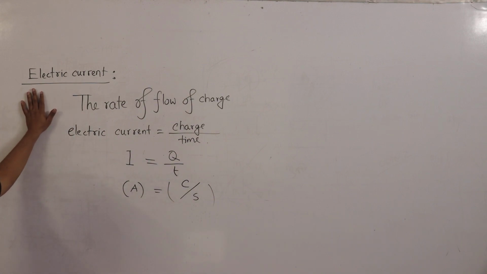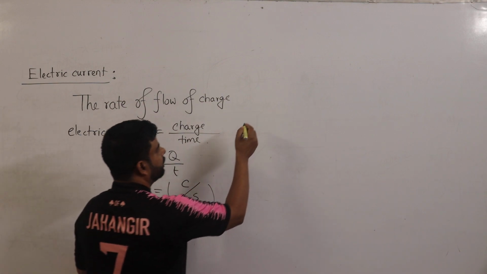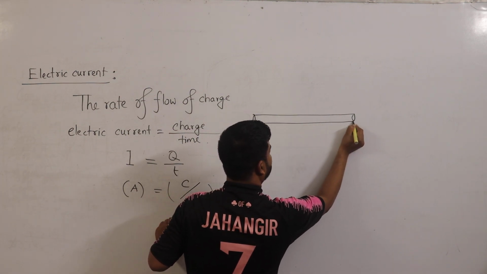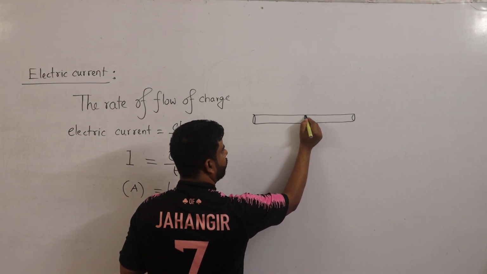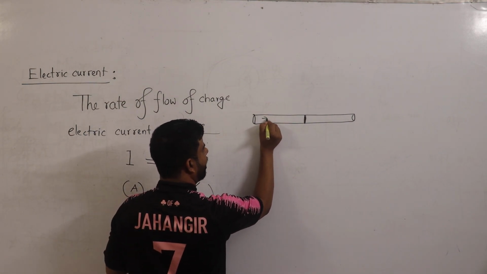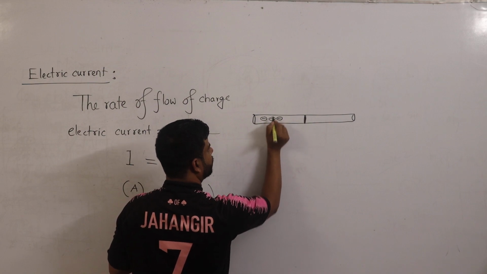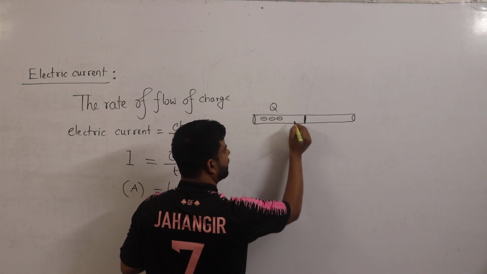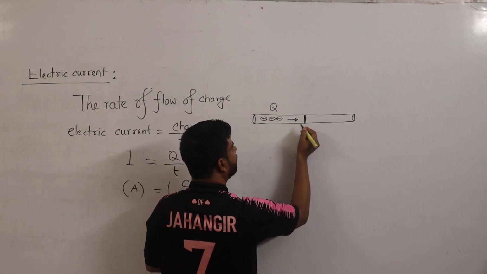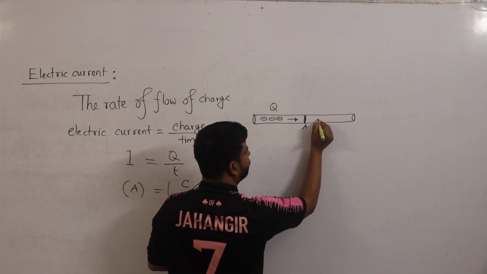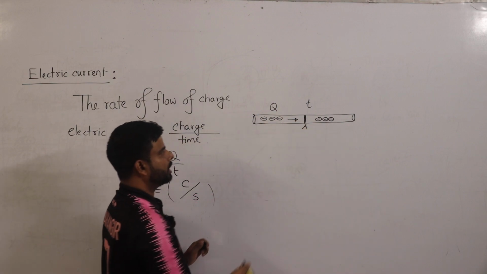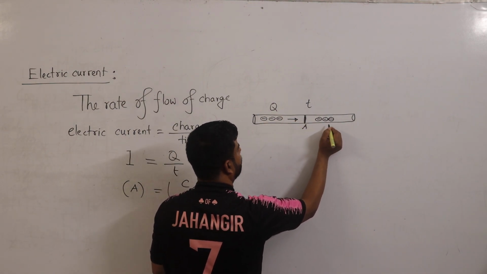Say this one is a conducting wire, and there is a cross-sectional area A. If there is Q amount of charge here, and after T time, this Q amount of charge crosses the cross-sectional area perpendicularly.